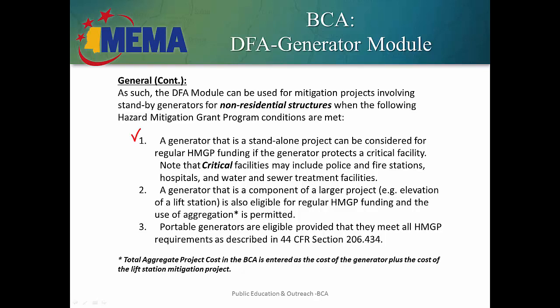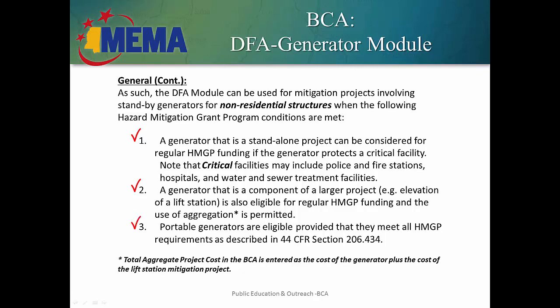1. A generator that is a standalone project can be considered for regular HMGP funding if the generator protects a critical facility. Note that critical facilities may include police and fire stations, hospitals, and water and sewer treatment facilities. 2. A generator that is a component of a larger project, for example, the elevation of a lift station, is also eligible for regular HMGP funding, and the use of aggregation is permitted.